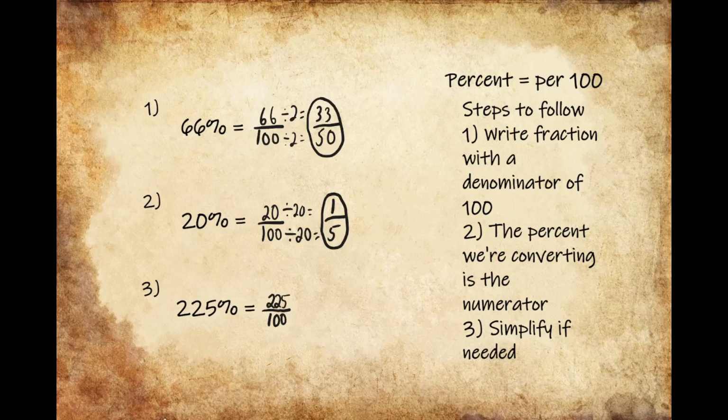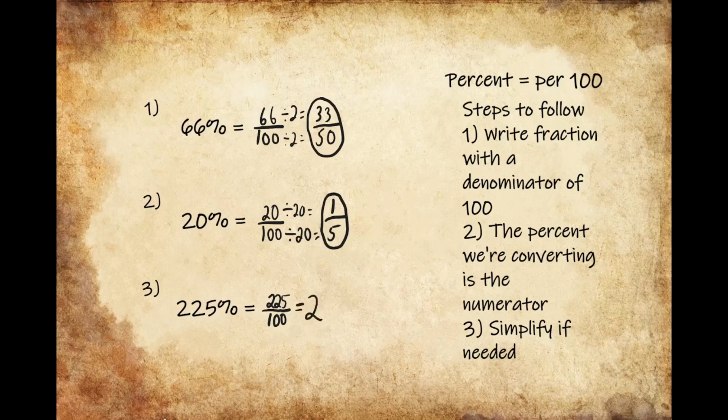But since we're not making an improper fraction here, we're going to have to convert this improper fraction into a mixed number. And when we're converting an improper fraction into a mixed number, we need to see how many equal groups of the denominator I can make out of our numerator. So in this case here, it's how many equal groups of 100 can I make out of 225. And I know that if I multiply 2 times 100, it's going to be 200.